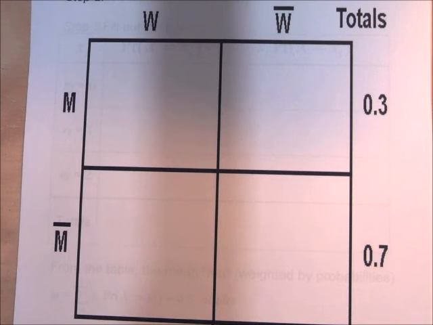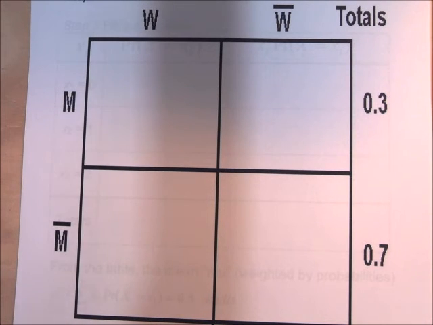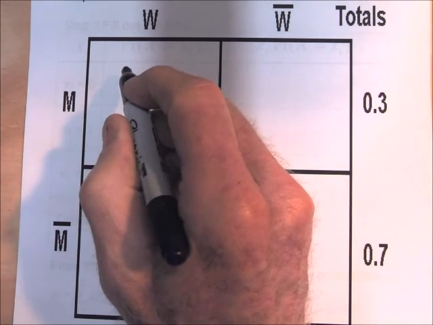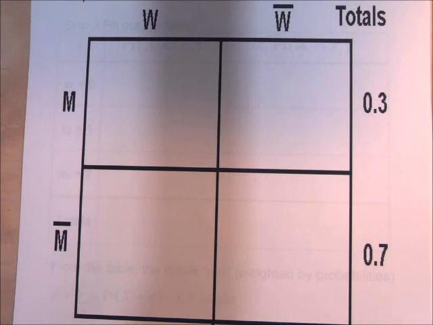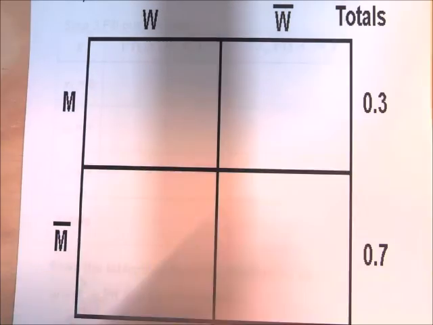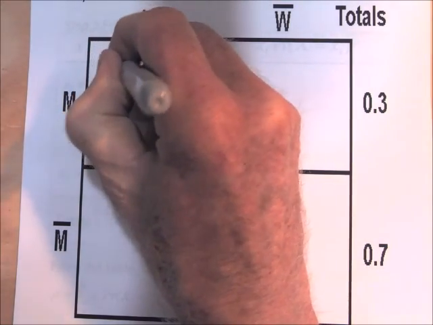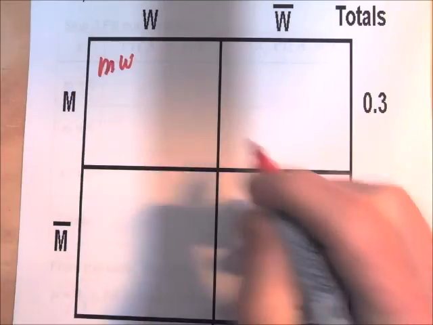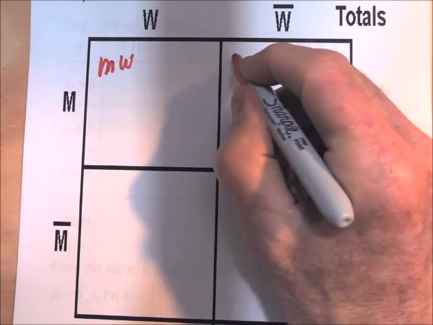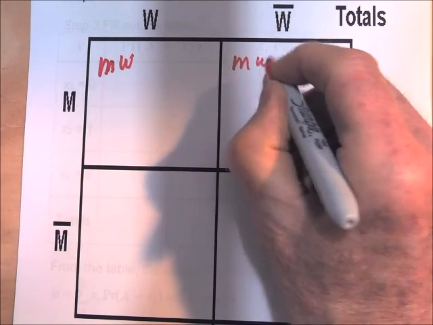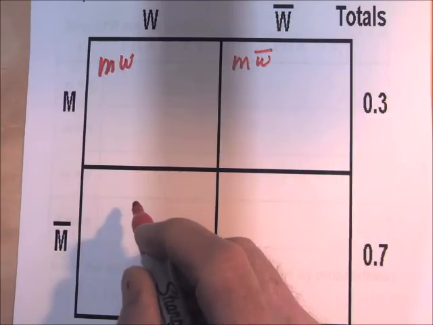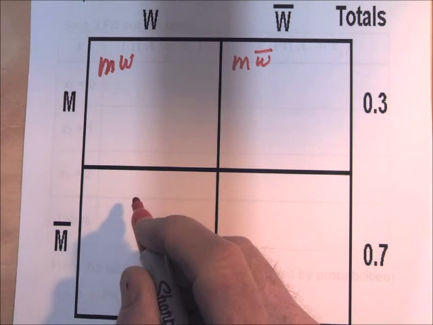Okay, so because we're assuming independence, we can multiply to get these probabilities. So it's going to be column times row. This box here is the M row of the W column. So the man is hypertensive and the woman is hypertensive. This one here, the M row, W bar column, that's the man is hypertensive, the woman is not.